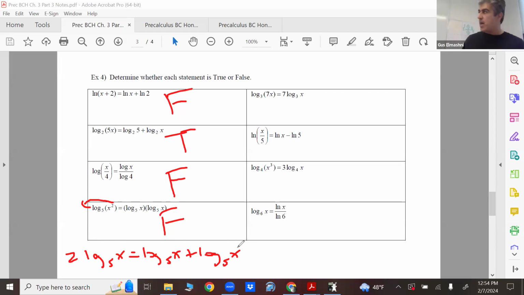I'll write my answers and we'll check. Okay, here we go, guys. False, false, true, true, true. You got it? You good? All right, let's keep moving. Questions? We're good? All right.